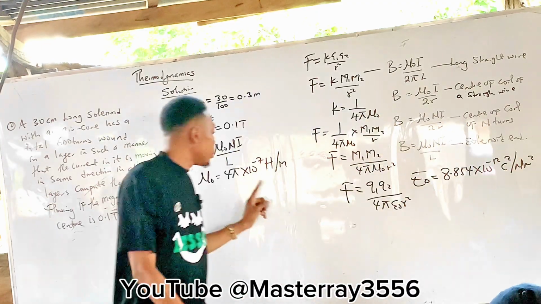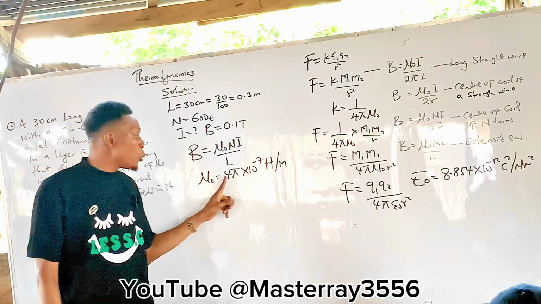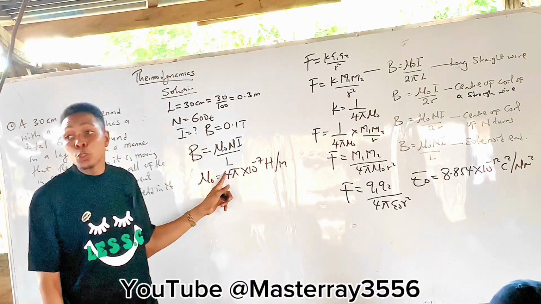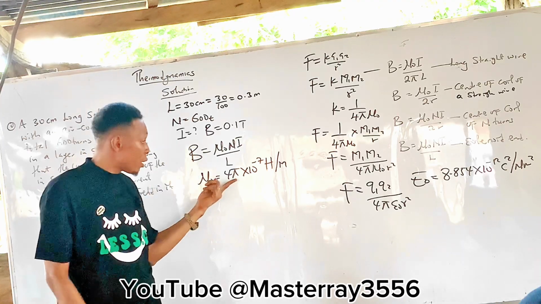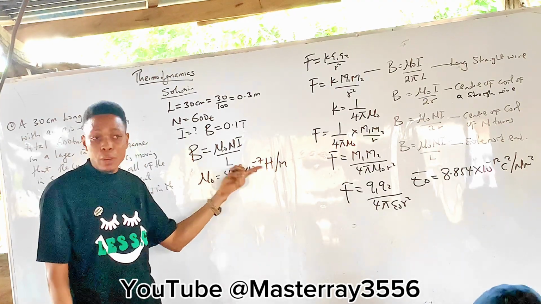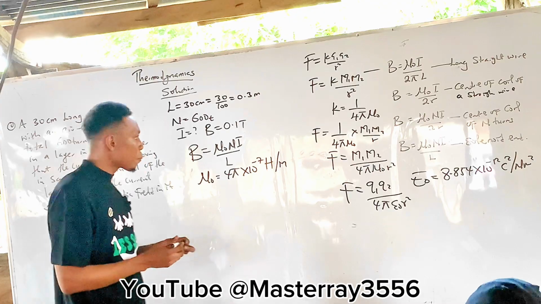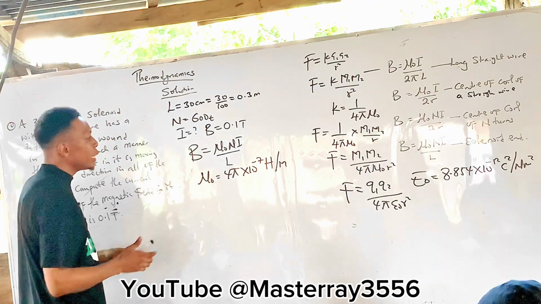You can see the difference between the two. This one uses 4 pi, and it will be given to you in the question. But if it is not given, it is very easy: 4 pi times 10 to the minus 7 Henry per meter.